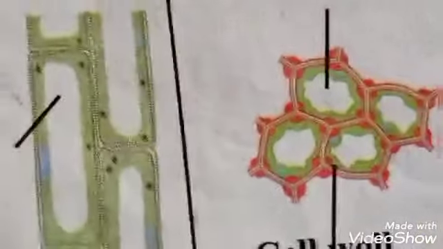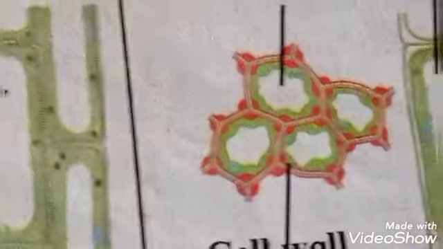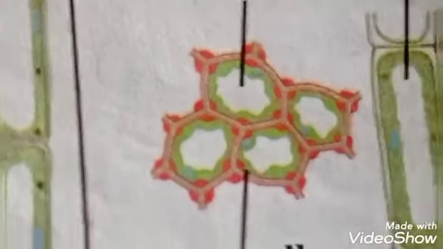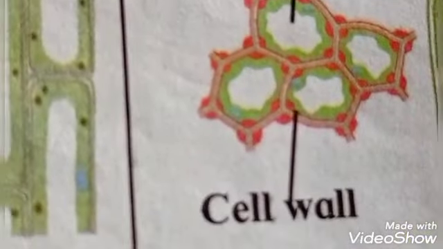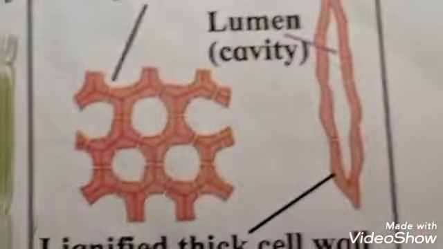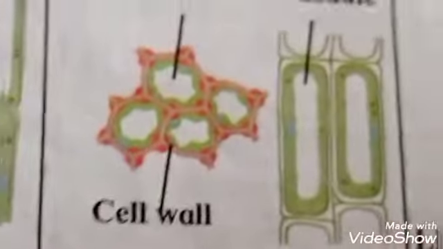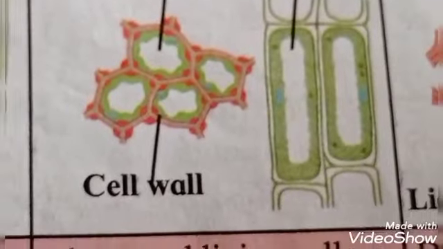Location: at the base of the leaves, petiole, branches and stem. The function is support and flexibility in the various parts.